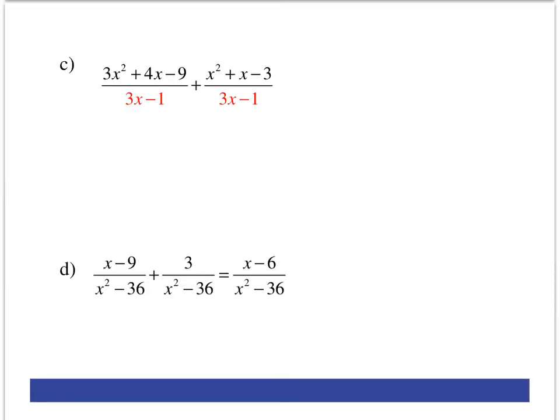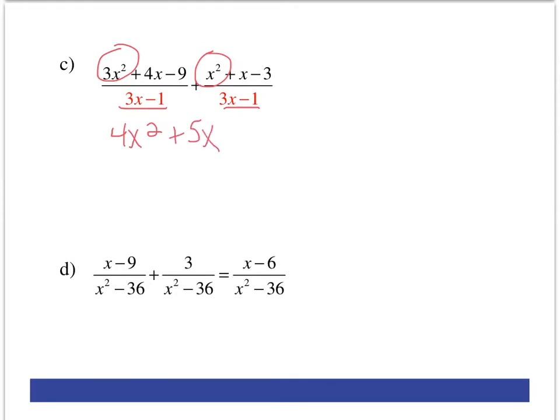So let's look at this one. These have the same denominator, so we're safe there. My suggestion is to combine them by adding the numerators, and I'm going to do it in one step. So 3x squared plus x squared gives me 4x squared. And then I have 4x plus x, so that gives me 5x.